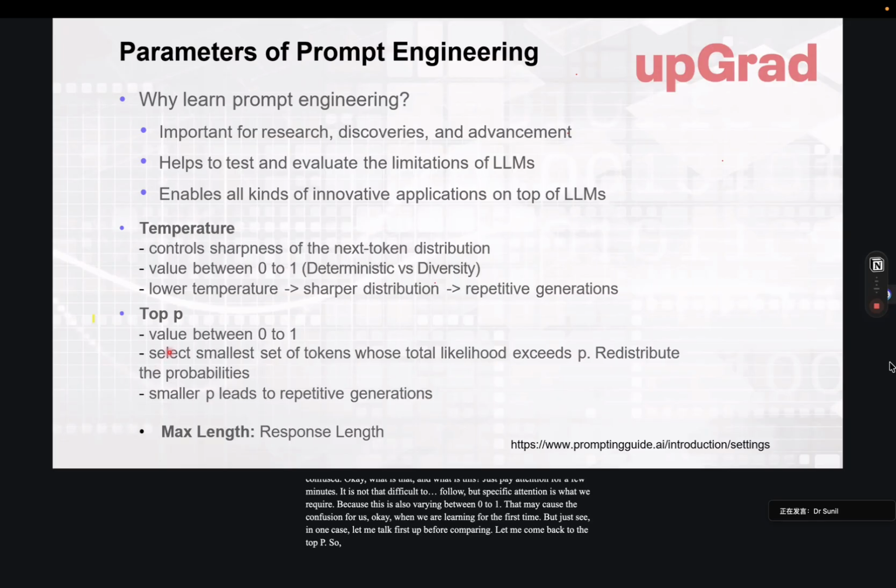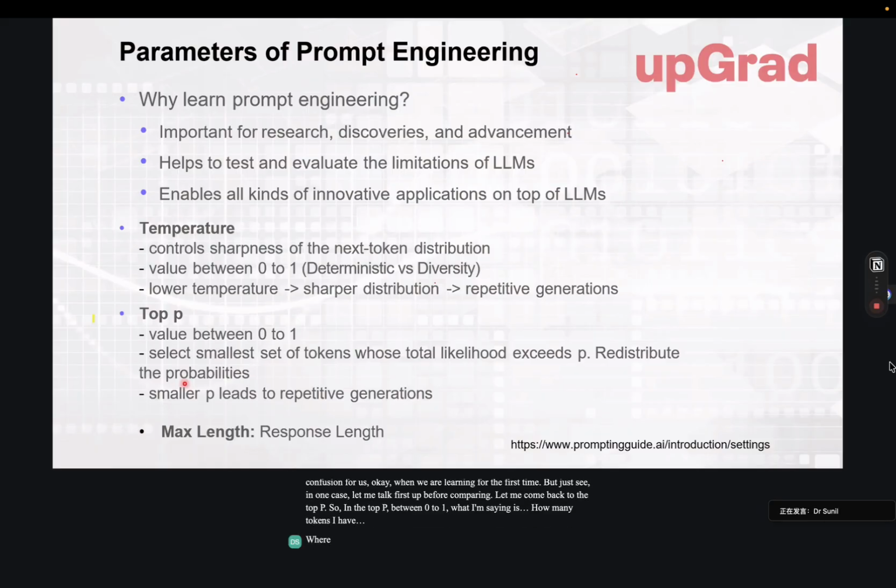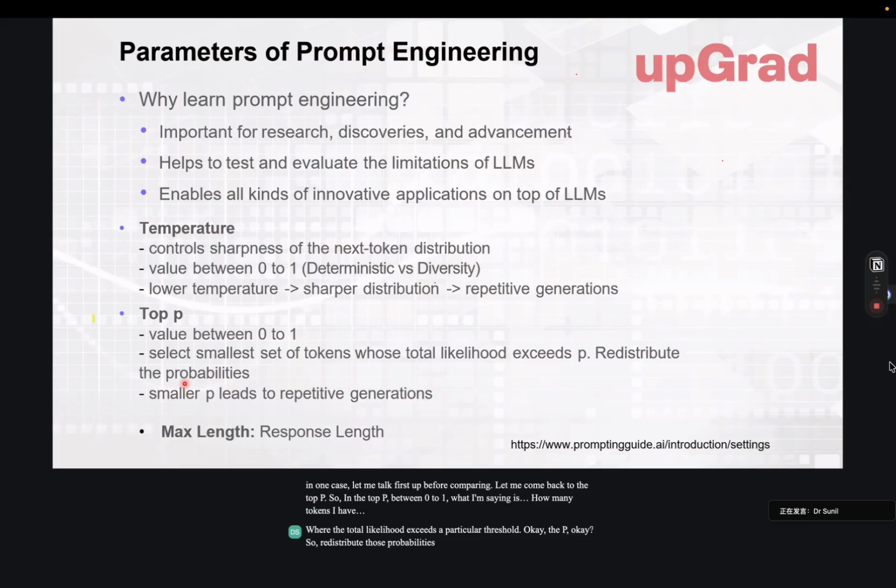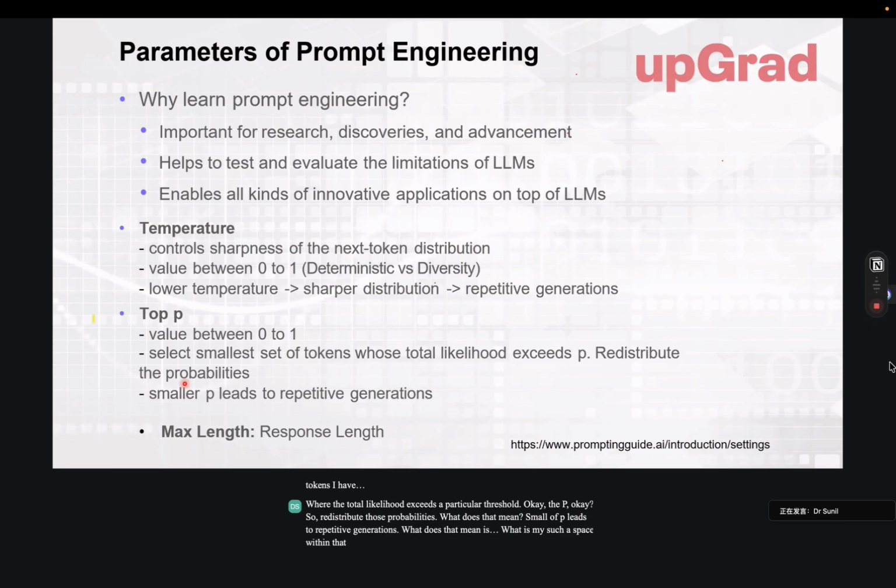So in the top P, between 0 to 1, what I'm saying is how many tokens I have where the total likelihood exceeds a particular threshold. Okay, the P. So redistribute those probabilities. What does that mean? A smaller P leads to repetitive generations. What it means is, what is my search space within which to be creative?